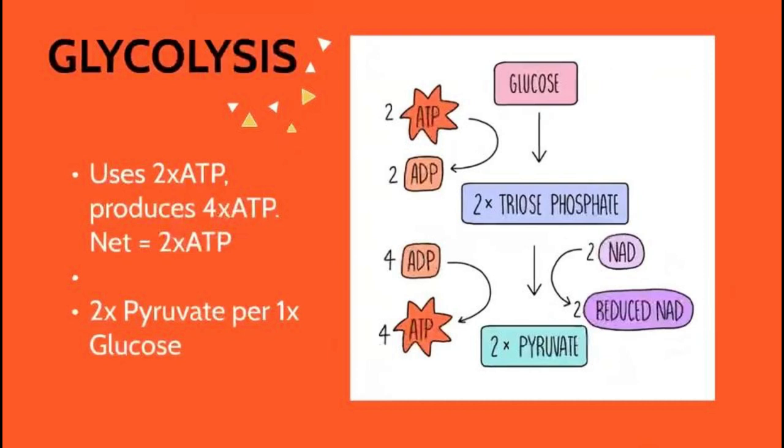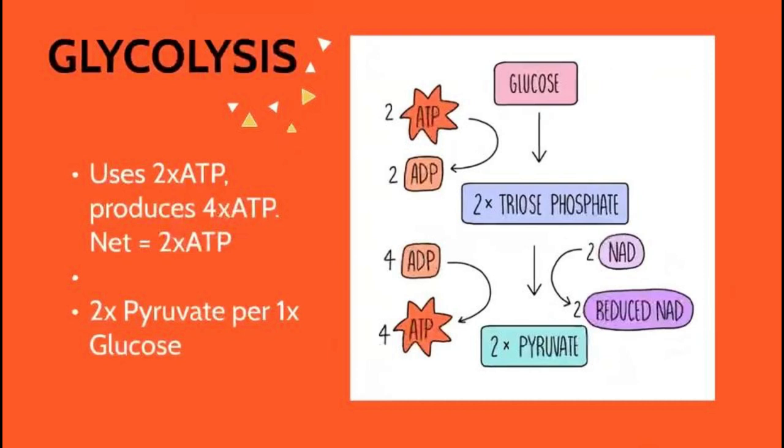The removal of the hydrogen from the triose phosphate oxidizes it, and then the reduced NAD is used in the last stage of aerobic respiration, which, as I said, we'll get to either later in this lesson or in next week's lesson. But we are now going to follow what happens to the two pyruvate molecules. They go into the next step, which is called the link reaction.